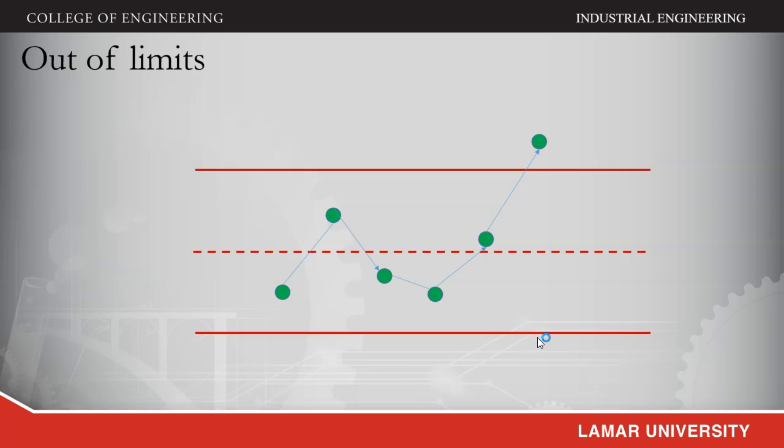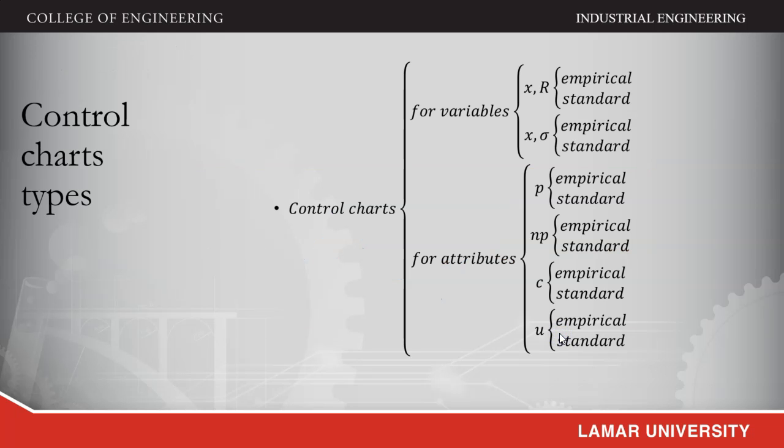Naturally, the easiest one to identify is when we are out of the control limits, and for that, it is straightforward. You're going to find that there are different types of control charts.